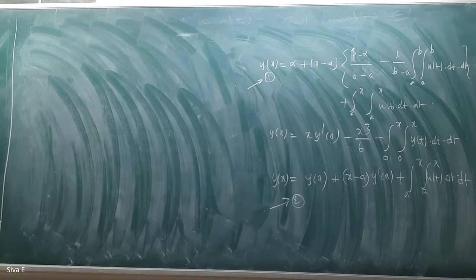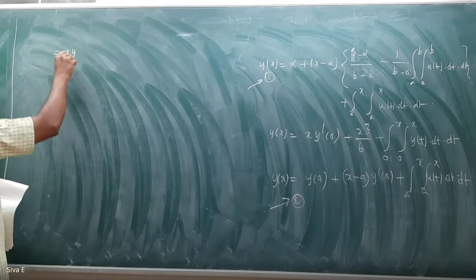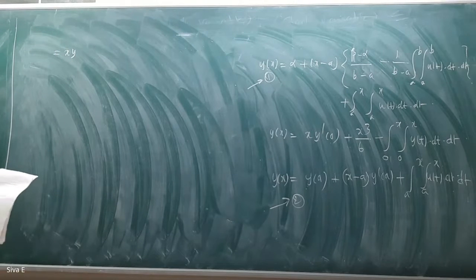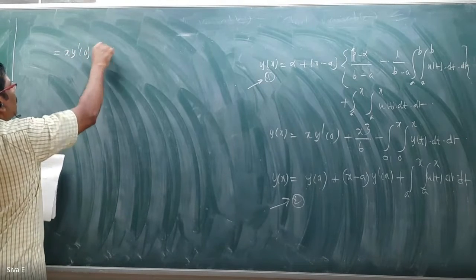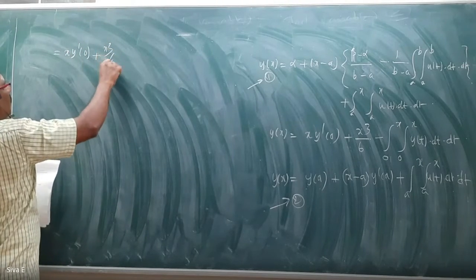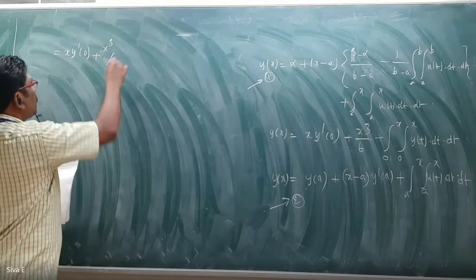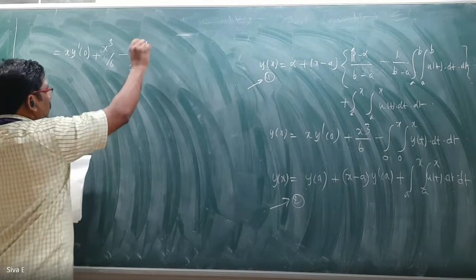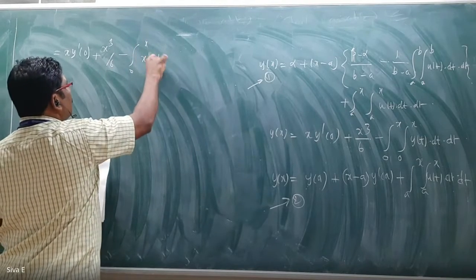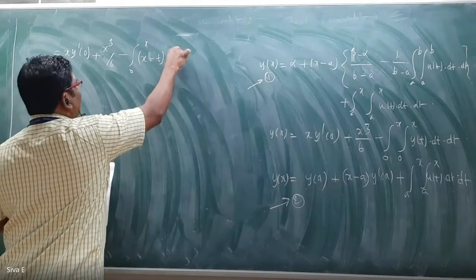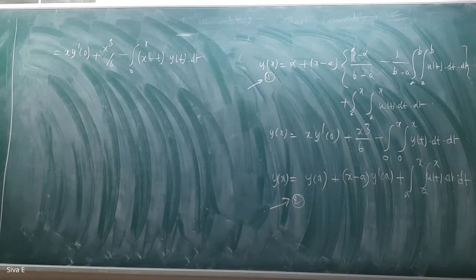So this is equal to x y dash of 0 plus x cube by 6 minus integral 0 to x of x minus t y of t dt.